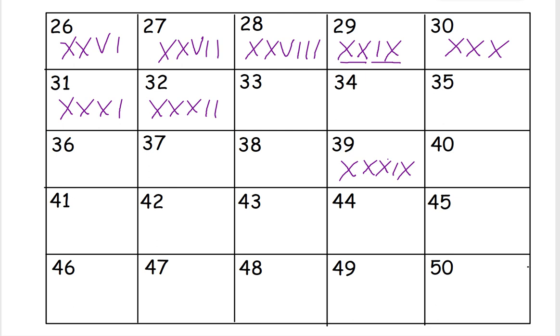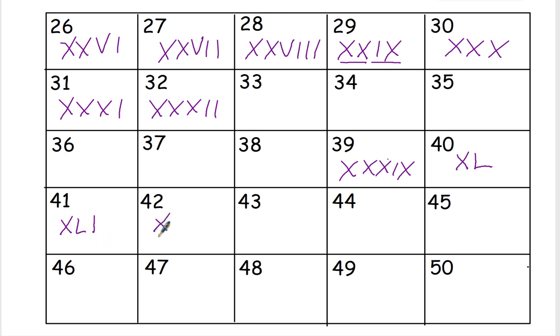So the number 40 is 10 less than 50. So at that point I'm going to change, and it's going to be 10 less than 50, because we're getting close to 50 at this point. So 40 we would mark as XL. So 41 would be XLI.